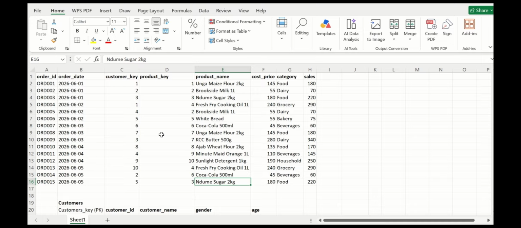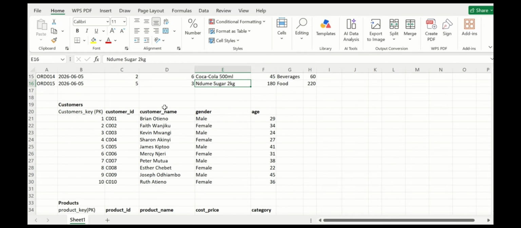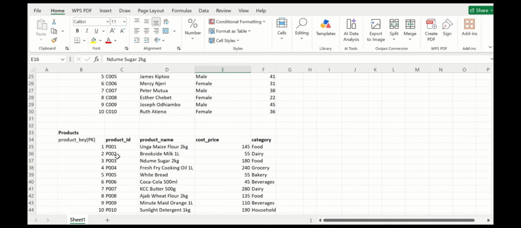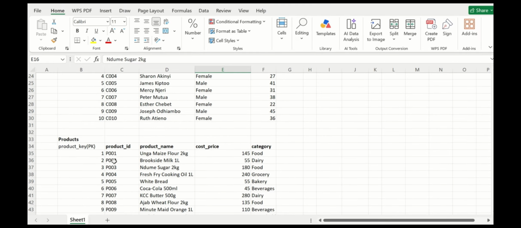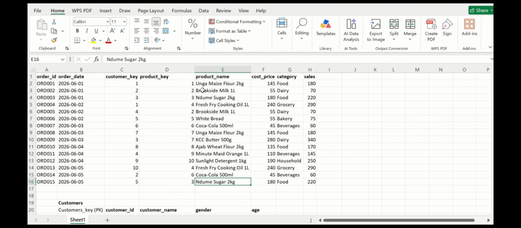So now we have the product key. Each of these product details is represented by a product key. Therefore we don't need all these other columns, so we can remove them.